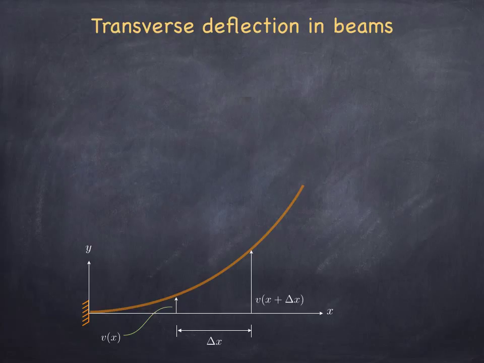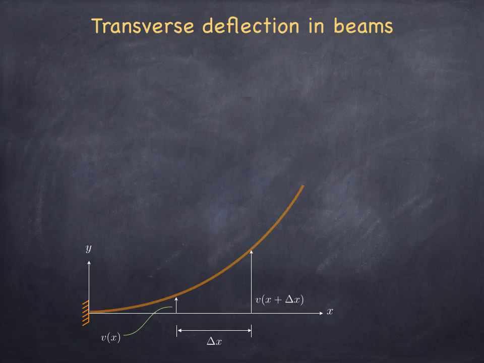I'm not drawing the entire cross-section of the beam, I'm just drawing the neutral plane of it. And it is okay for me to do that, because if I know what the neutral plane is doing, then I know what the entire beam is doing, because plane sections remain plane. So all I need to do in looking at the transverse deflections of beams is really to take a look at what the neutral axis of those beams is doing.